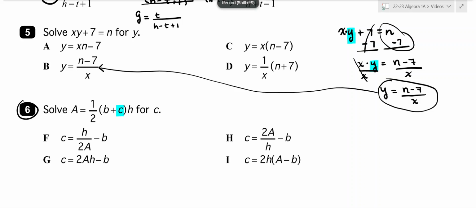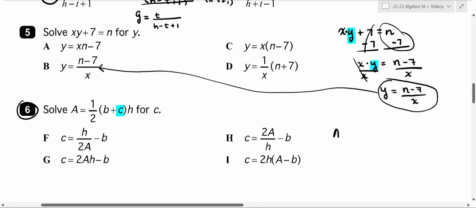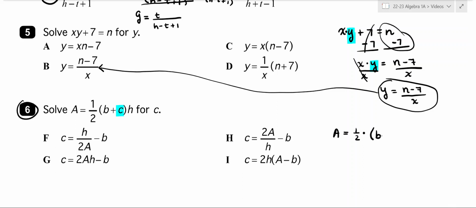All right, let's see. Well, let me copy the problem over here. A equals 1/2 times b plus c times h. And we're trying to solve for c.